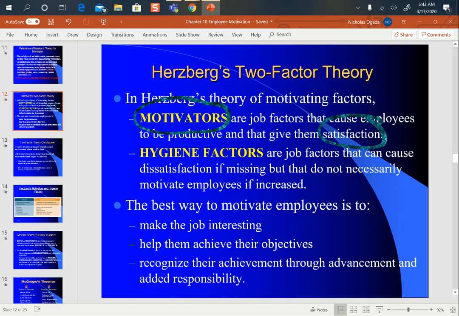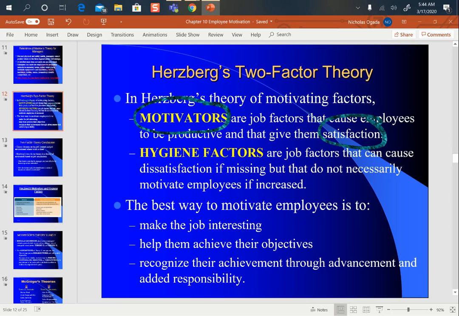If you can help employees achieve their objectives, and recognize their achievement by providing several opportunities for advancement, and if you also include some job responsibility, then you'll find that this results in some job satisfaction and therefore becomes a motivator.